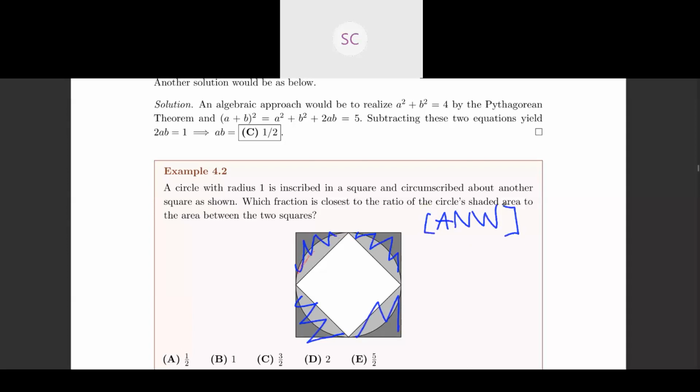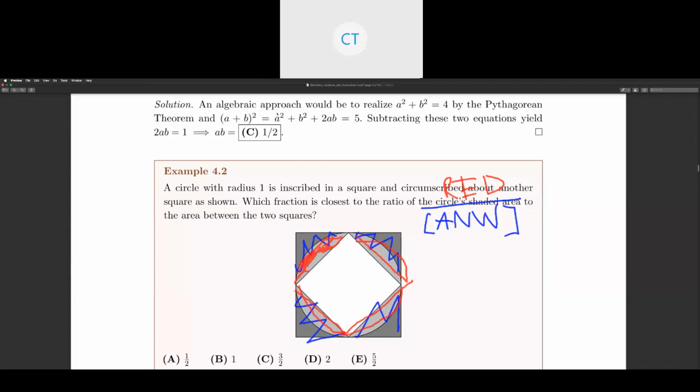The circle shaded area, you're looking for the ratio of the circle, the light gray. So it'd be like this area, and this area. Yeah, you're looking for red over blue. Basically, that light gray, light shading over total shading.